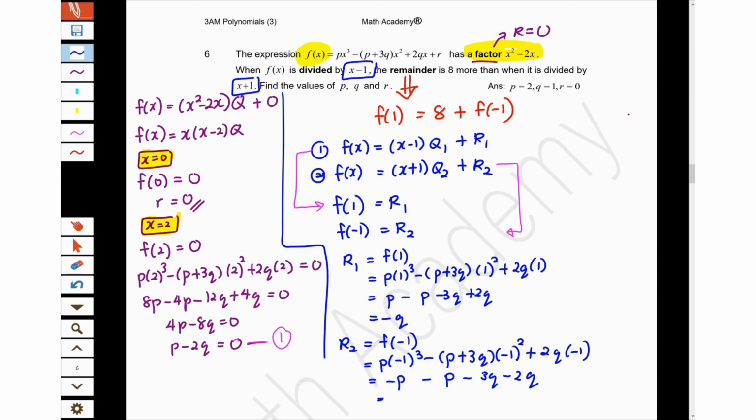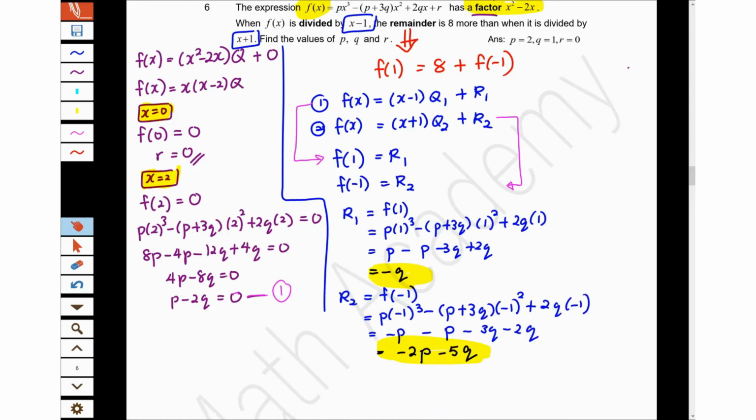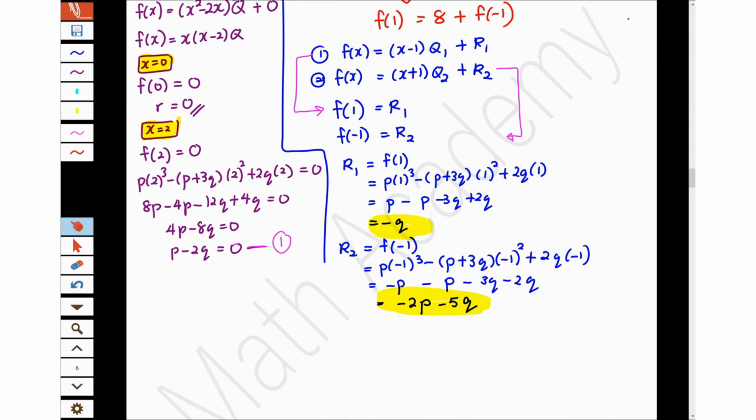So this will be minus 2p minus 5q. Let me highlight that. The first remainder is negative q. The second remainder is negative 2p minus 5q. And these two I'm going to sub into the relationship as we said earlier on: f(1) is 8 plus f(-1).